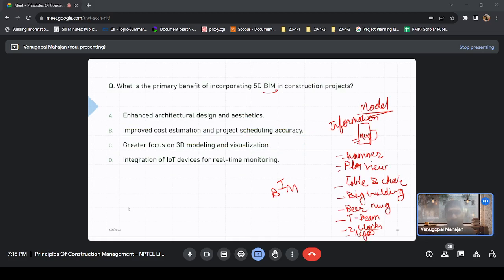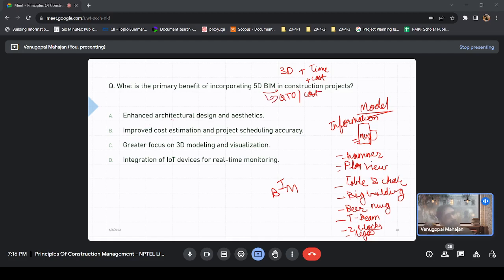Now coming to this question, 5D BIM. 5D means we have 3D BIM, the three-dimensional model, plus time, which gives your 4D BIM, and cost is your 5D BIM. All you need to remember is that when you have a BIM model talking about QTO or cost, it is your 5D BIM model.